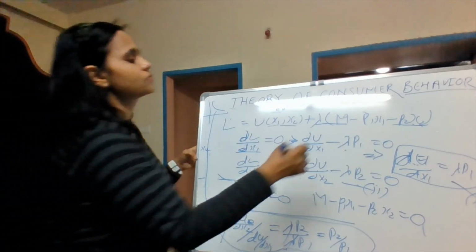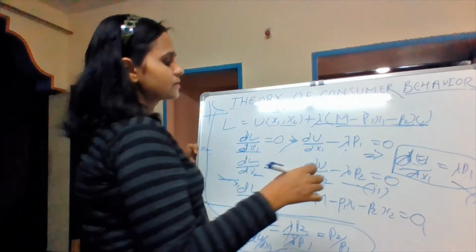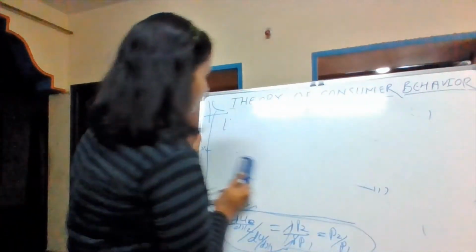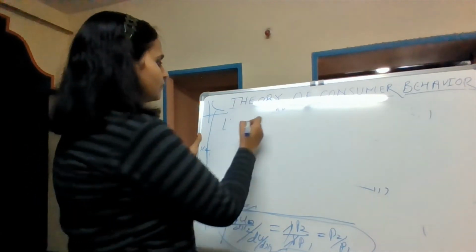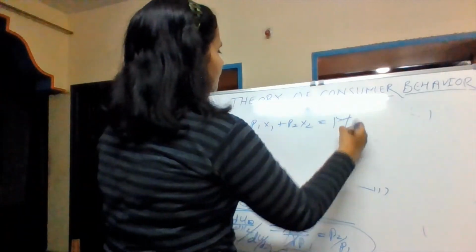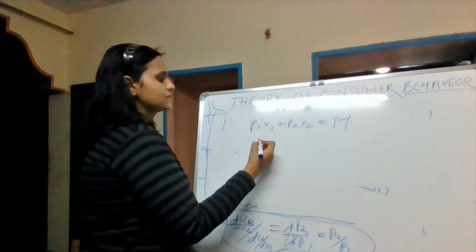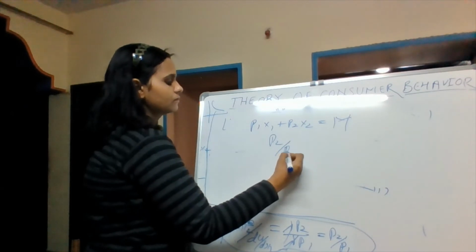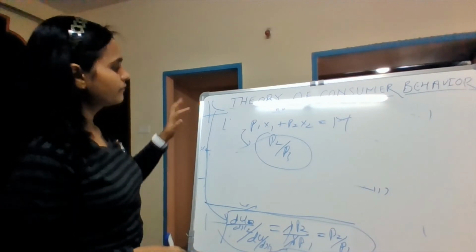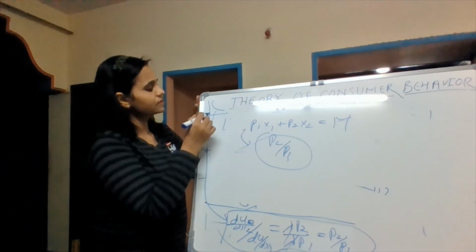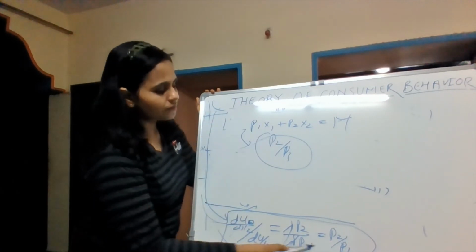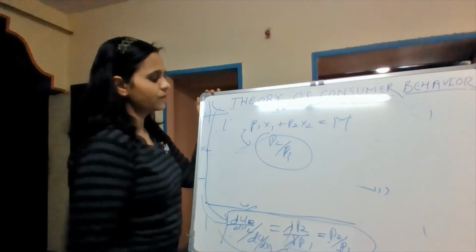Again, what is the slope of your budget constraint? Your budget constraint was p1 x1 plus p2 x2 equal to M, right? So what is the slope of this budget constraint? Again p2 by p1. So when you maximize your utility using your Lagrange function, the slope of your curve becomes p2 by p1.